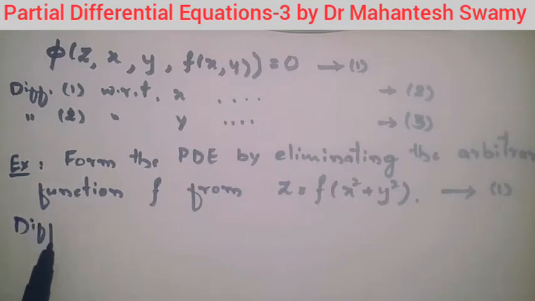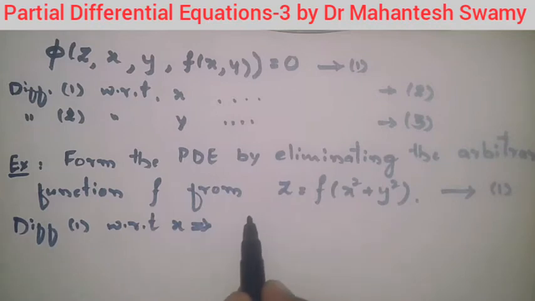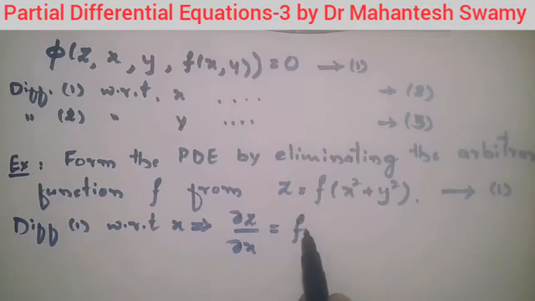When we differentiate 1, partially with respect to x, that gives us, on the LHS, dou z by dou x, whereas on the RHS f is a function that should be differentiated first. The differentiation of f will be f dash of whatever bracket is there.